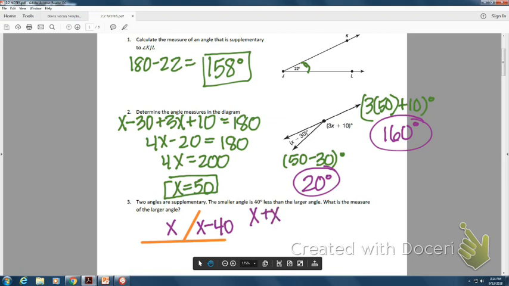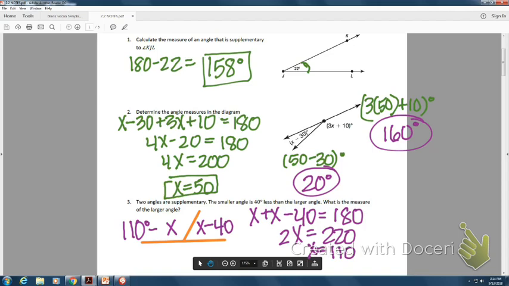Guys, we just did it in number 2. I should have way more feedback than that. So I have 2x equals 220. X equals 110. So what is the measure of our larger angle? 110 degrees. Very good. Questions on 3?